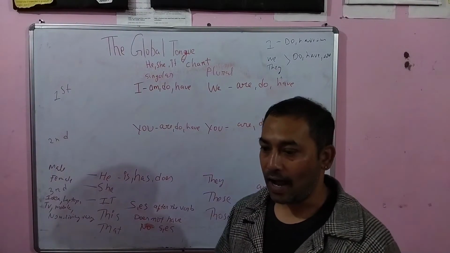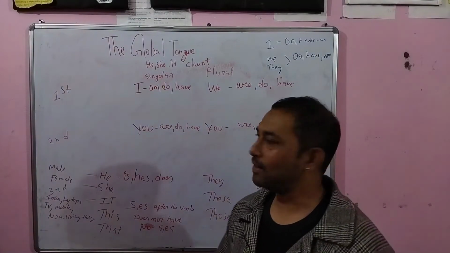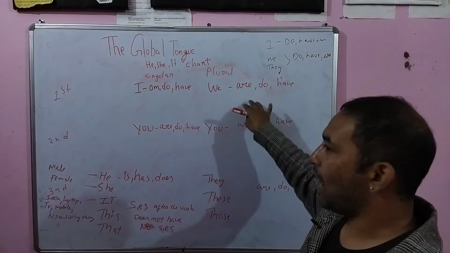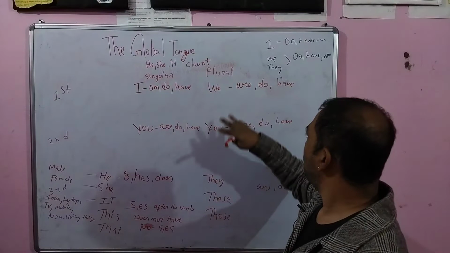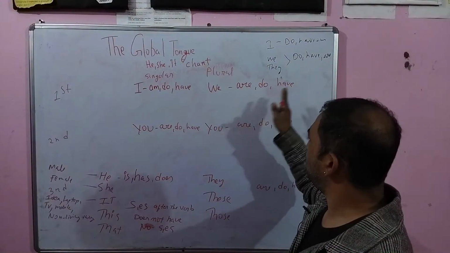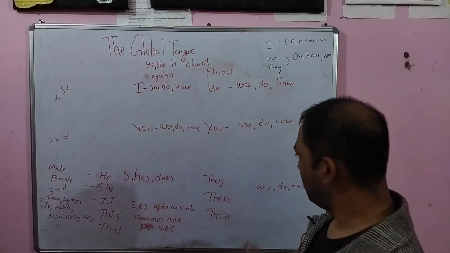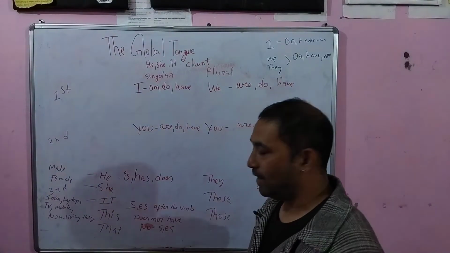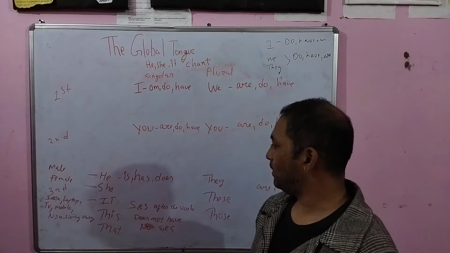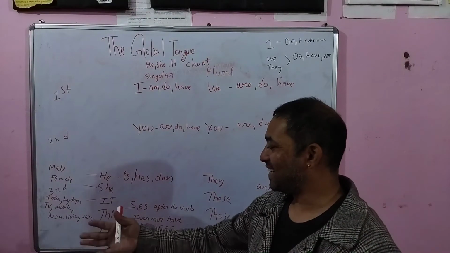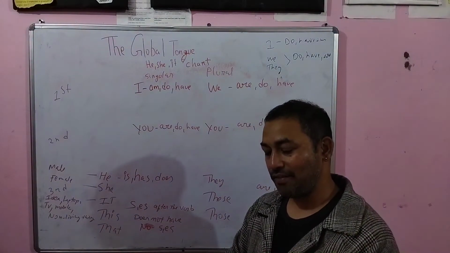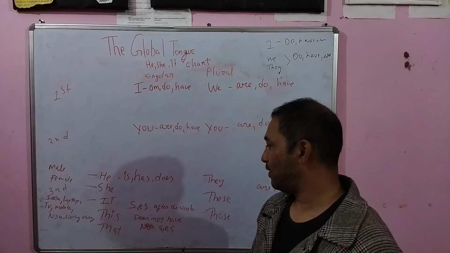I have a marker. All right? We are in India. We do this. We do have. Or we have this. All right? And he is a boy. She is a girl. It does not have any ink at all.